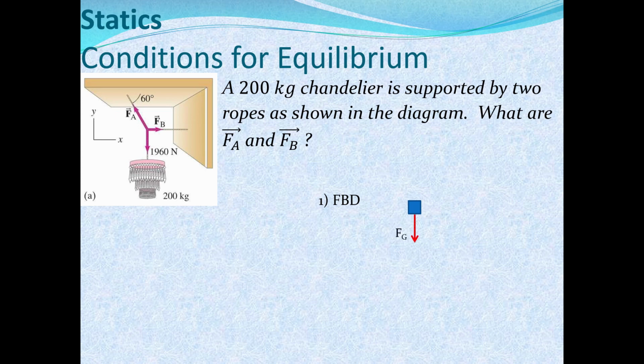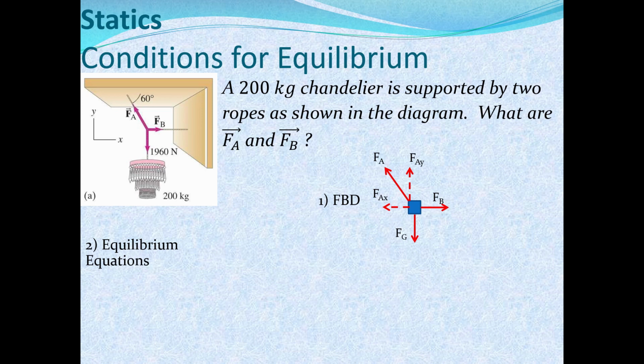I have the weight of the chandelier pulling down. I have FB pulling it to the right, and then I have FA pulling it at an angle. I can't deal with an angled vector and 2 perpendicular vectors, so I have to break FA into a vertical and horizontal component. And now that I have my diagram, I can use my equilibrium equations.